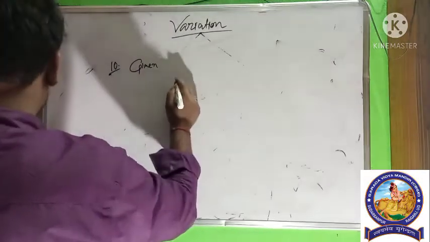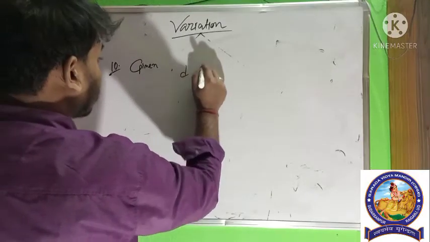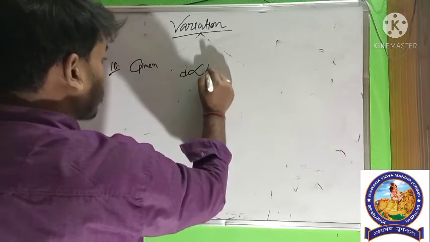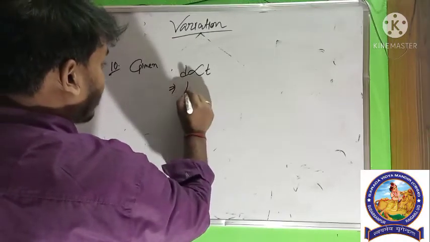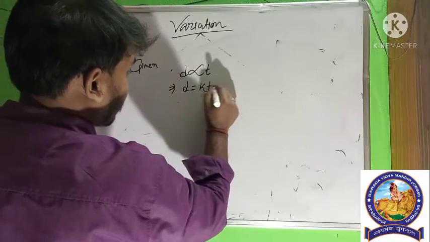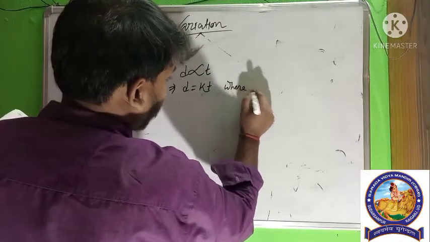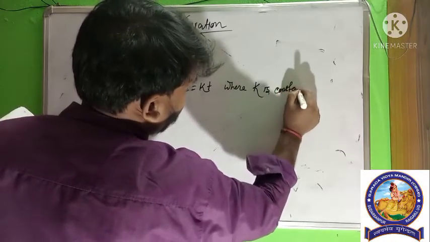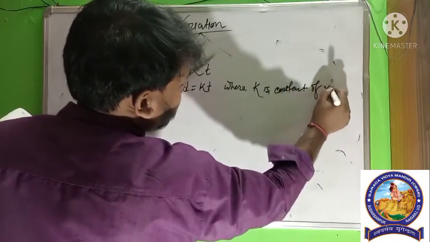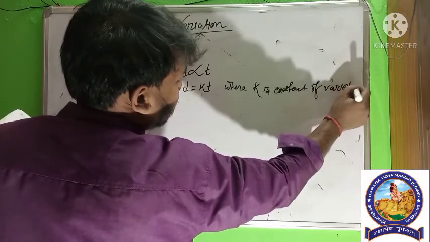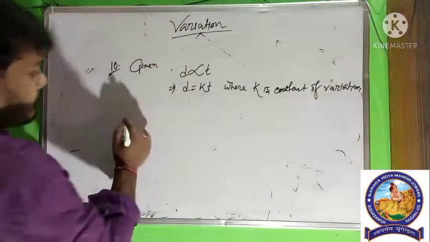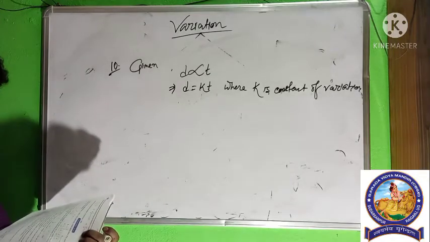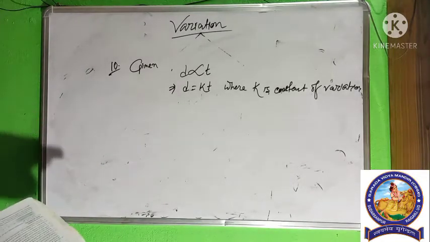So given d varies directly with t, implies d equals kt, where k is the constant of variation. Now we use the first condition where both values are given.